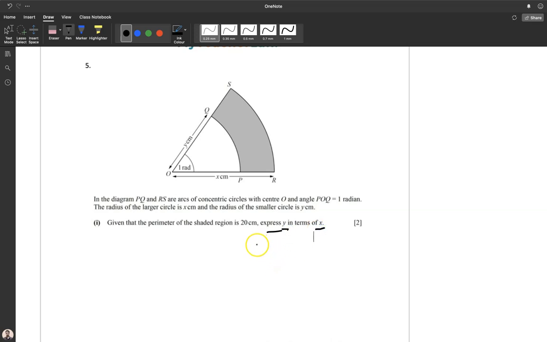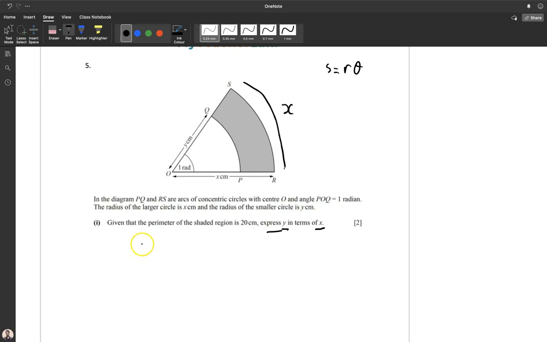Okay, a couple of things to note. If I want to find this, what do I do? r theta. My r for the big one is x. Theta is 1. x times 1 is x.